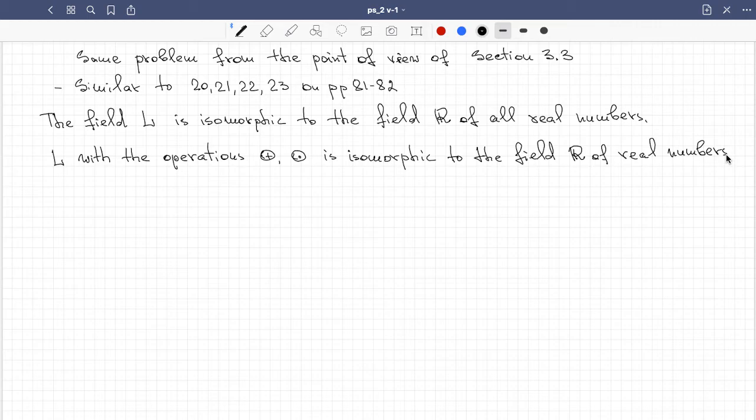To start with, isomorphism is always a one-to-one map. So let us construct a map from all real numbers to L, which is the set of positive real numbers.